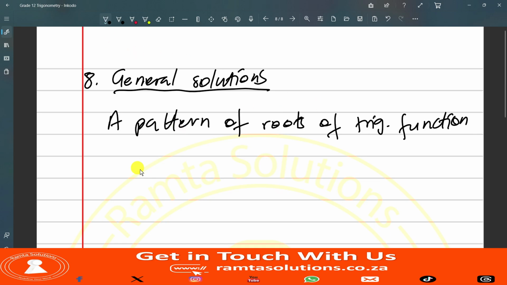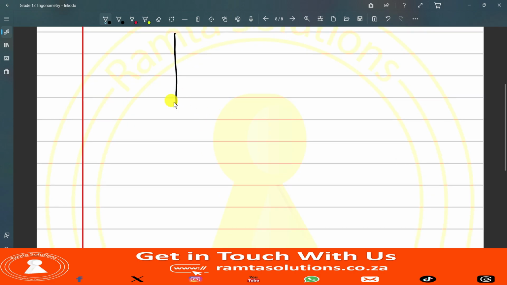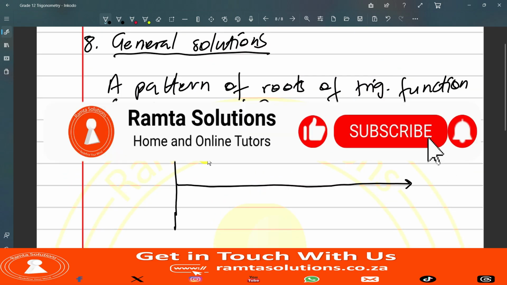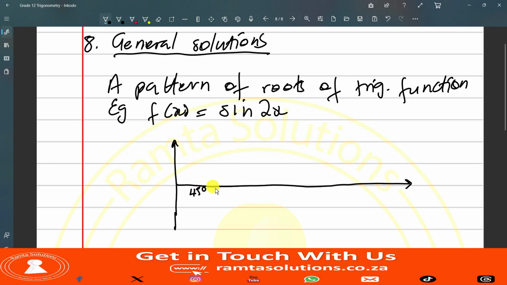Now let's say, for example, f of x equals sine 2x. From the lesson we just had, we know that when we draw it, because it's sine 2x, we need to say 90 divided by 2, which is 45. So we must vary our axis with 45 degrees.